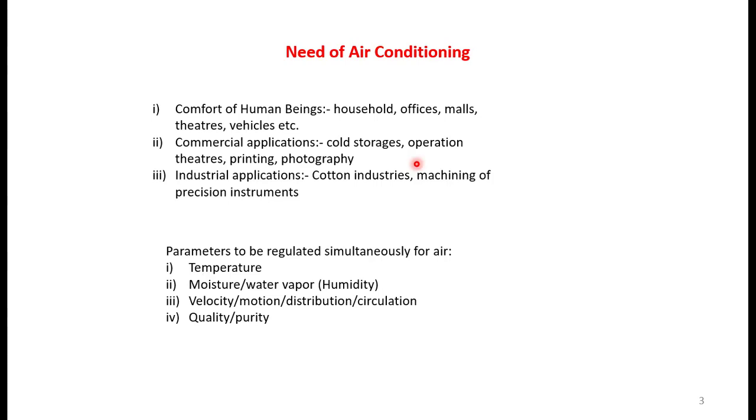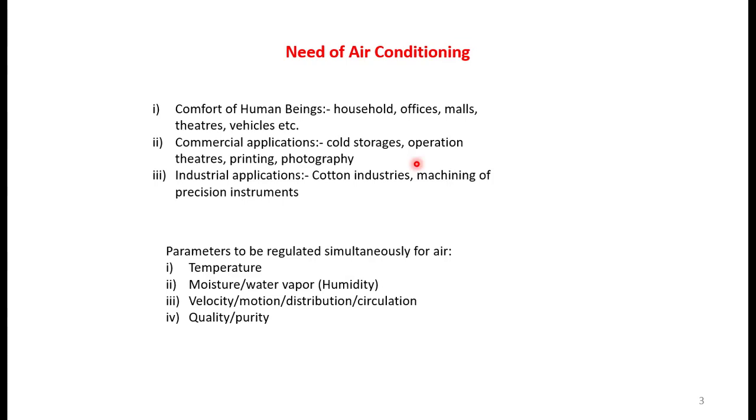So as such, I have just broadly mentioned three different areas of application, out of which the first is the comfort of the human being. So air conditioners are used for household applications, that is your window air conditioner or the room air conditioner that we call, or in modern day we also see the split air conditioner. So these air conditioners are basically for the comfort of the human being.